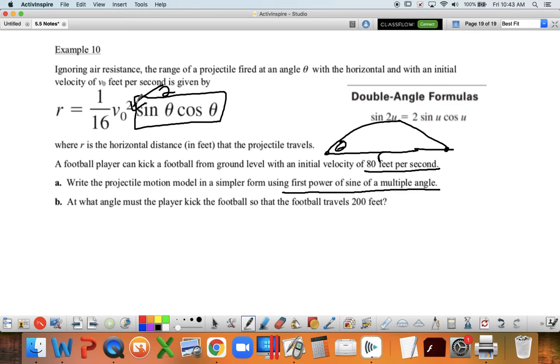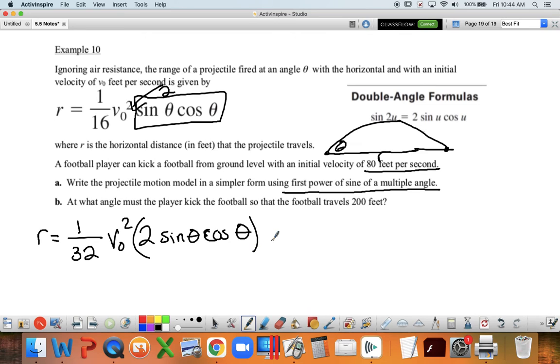Well, the way that I can have a 2 out front here is I can take 1 over 16 and make it 1 over 32. That way, I haven't changed the value. 2 over 32 is still 1/16, but now this looks exactly like I wanted it to look.